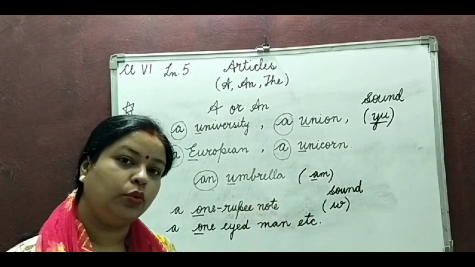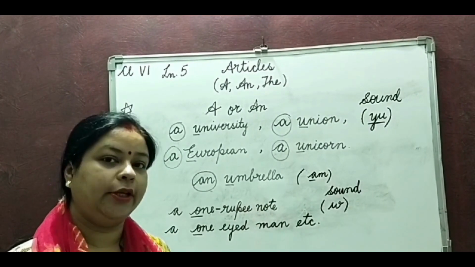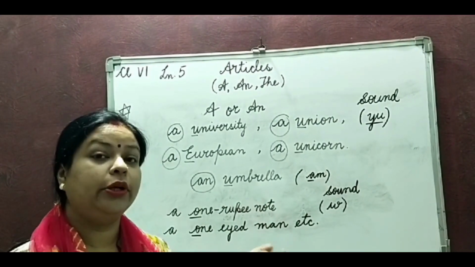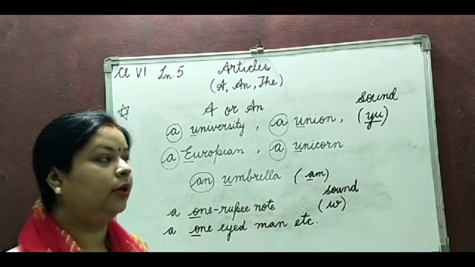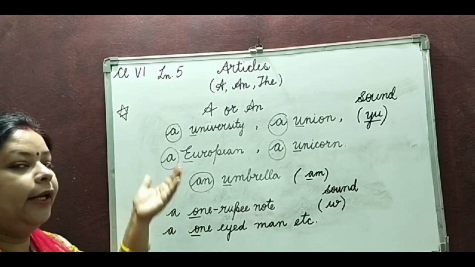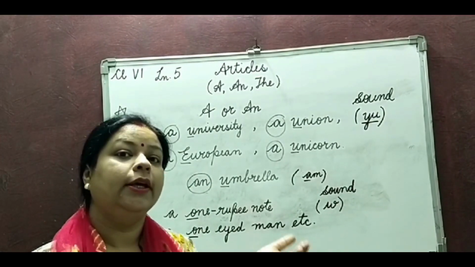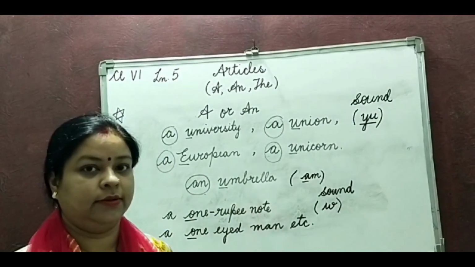So, as I told you, the sound is very important. To decide whether to use the article A or an, we will always pay attention to it, and then we won't make mistakes.